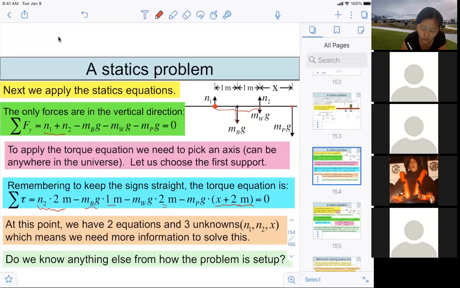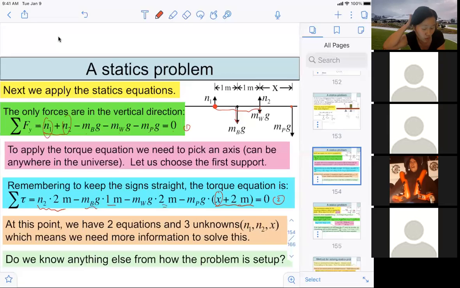So at this point, you can evaluate, as I said earlier, whether you have everything you need or you need to continue to find more equations to solve. We have 2 equations we just listed, like 1 and 2. And how many unknown quantities? We have normal force 1, normal force 2, and the person's distance x.